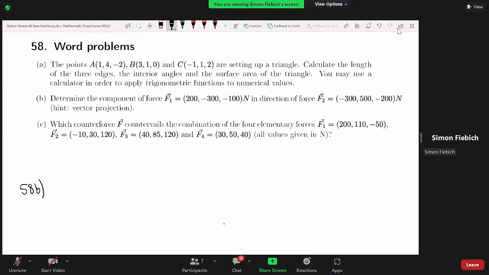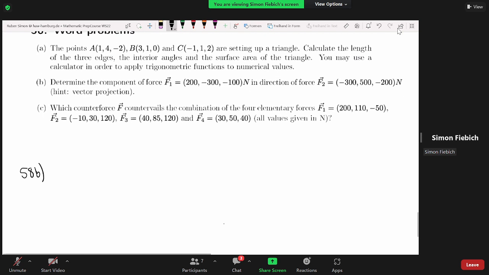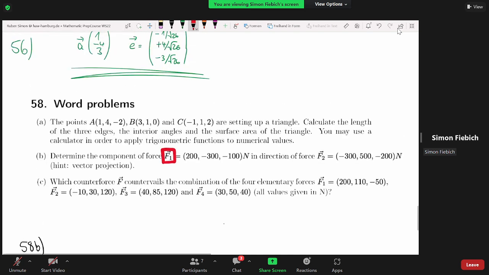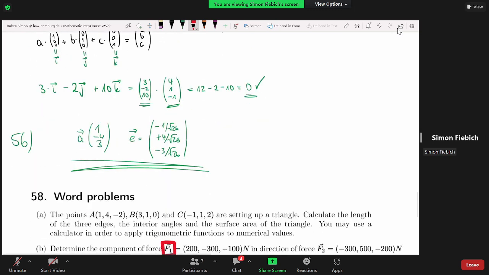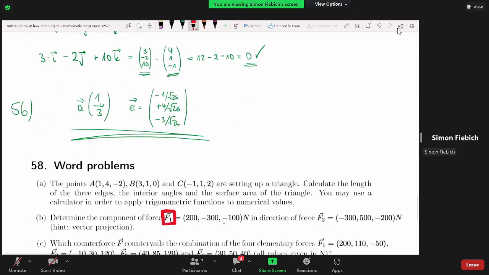What would every physics teacher do at first? Draw it, right? So we would need some kind of sketch. So let's do that kind of sketch. Maybe you've already dealt with this in physics. Every force is actually a vector in physics.